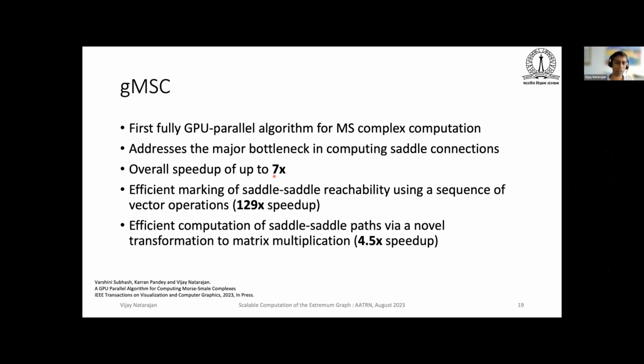In the case of the Morse complex computation, we show how this graph traversal can be transformed into vector operations and matrix multiplication operations, so that one can use existing fast matrix multiplication routines on the GPU to accelerate the computation.